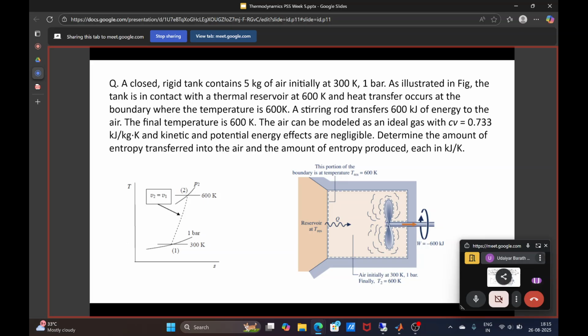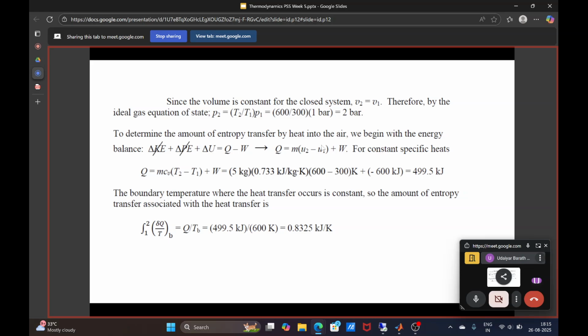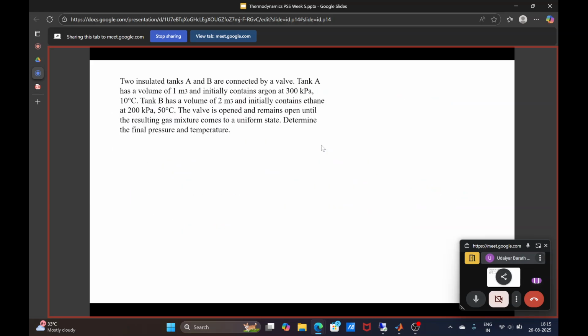The final temperature is 600 Kelvin. The air can be modeled as an ideal gas with CV of 0.733 kilojoule per kg Kelvin, and kinetic and potential energy effects are negligible. So determine the amount of entropy.